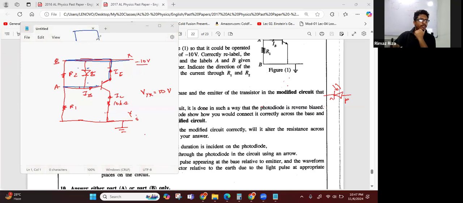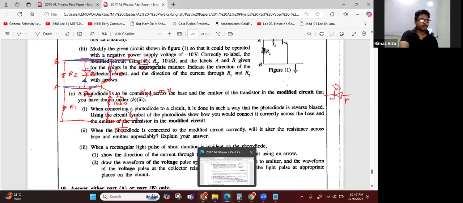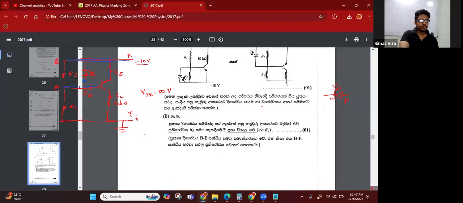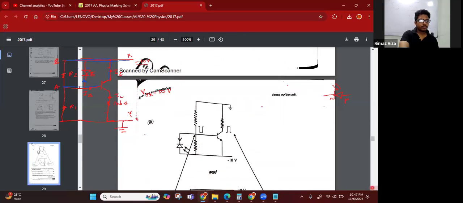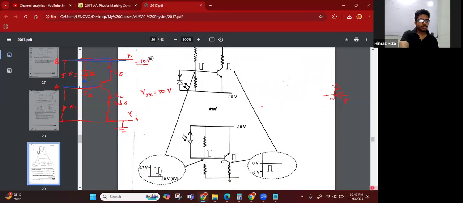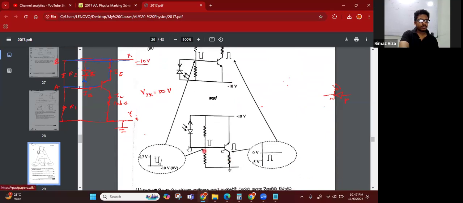With a battery, current flows in this direction, plus to minus. So if the photodiode generates some current, it will be in this direction, upward.